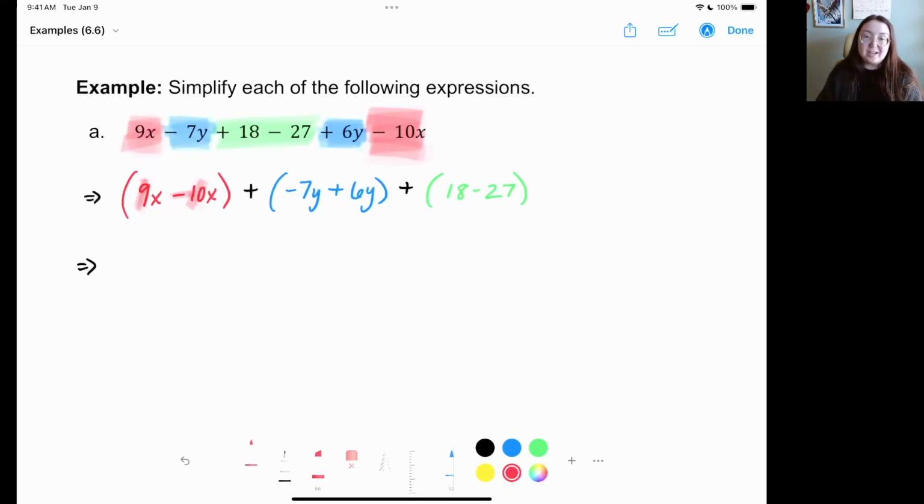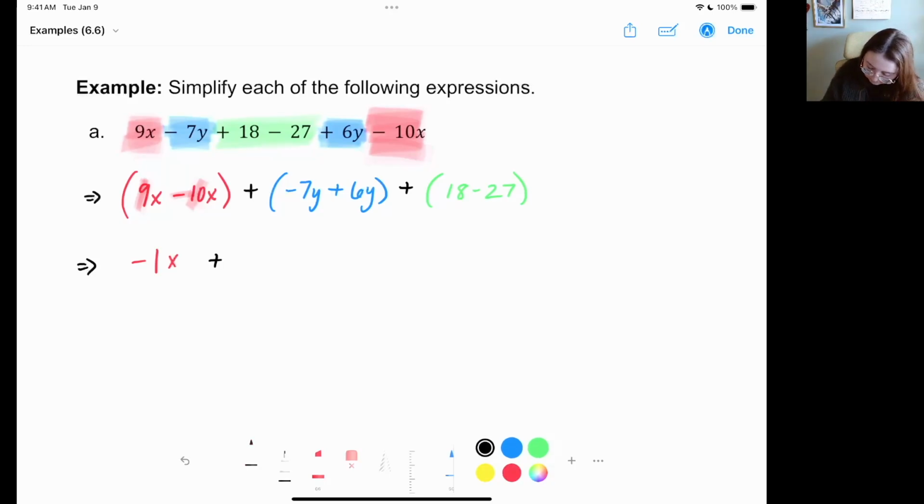And so 9 minus 10, if we just think of the coefficients, that would end up being negative 1. Well, they both have x, so x sticks around for the ride. So we're combining these terms really just by combining our coefficients, and they're going to keep the same variable with the exponent, the same like term.